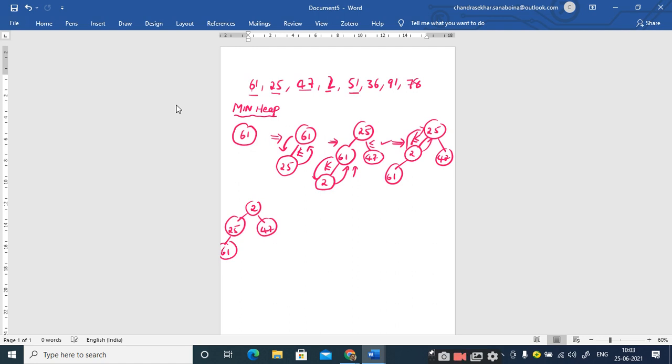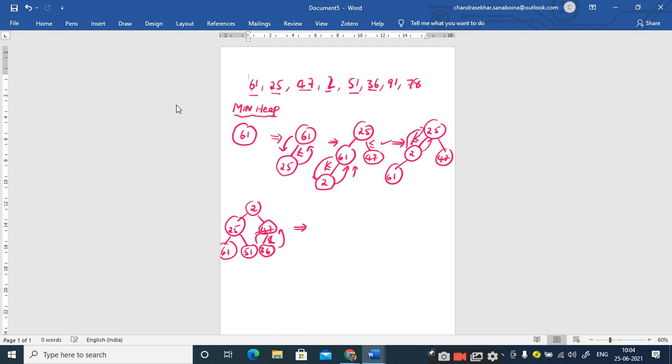Now take the next element, 51. 51 is inserted as the right child of 25 according to the shape property, and check the heap property. 25 is less than or equal to 51, therefore nothing to do, leave it like that. And what is the next step? 36. 36 should be added as the left child of 47 according to the shape property, and according to the heap property 47 is not less than or equal to the child node 36, therefore you have to make a swap operation here.